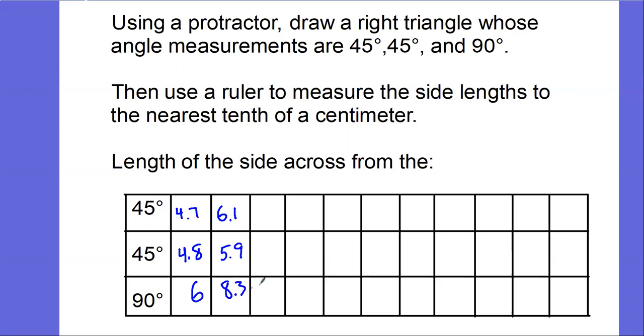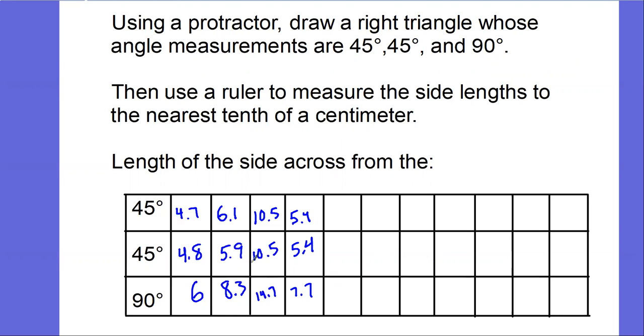A third person had 10.5, 10.5, and 14.7. And there's one other person that had 5.4, 5, and these were in centimeters if you're curious. I had to measure everything in centimeters. Okay, I had other ones, but this will be enough for us to work with.